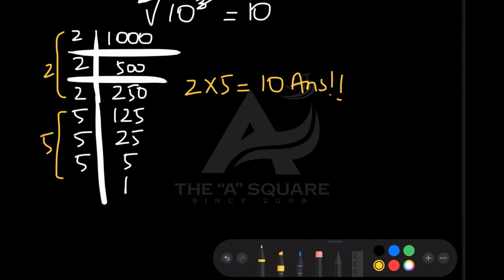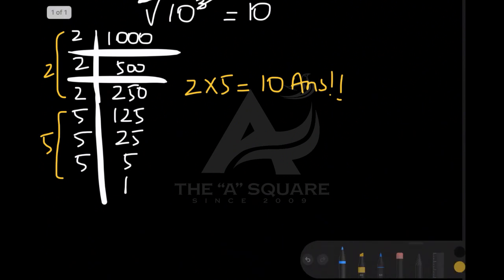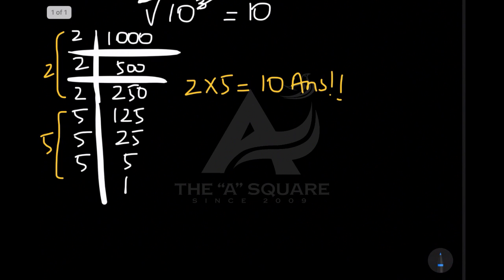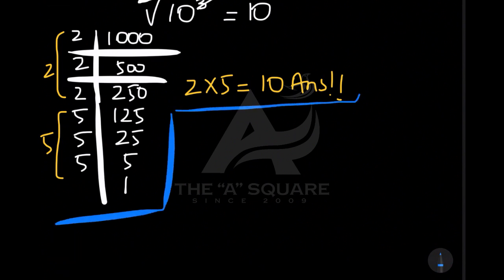What if I need to calculate the cube root of another number which is basically not a cube number? Let's say the cube root of, I guess, 1500.